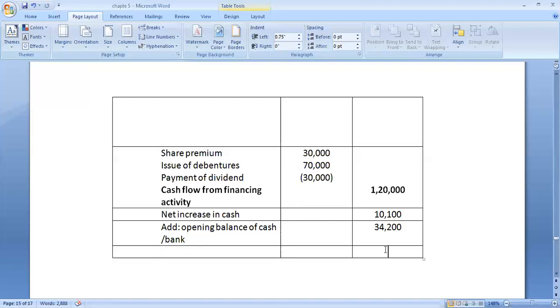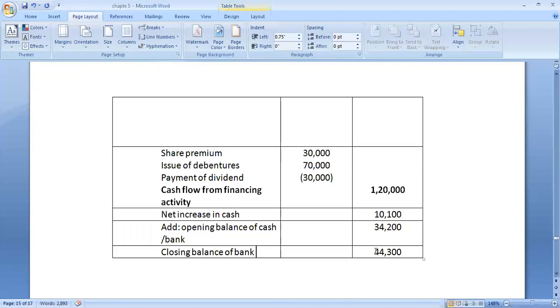Sorry, it is 44,300 will be the closing balance of bank.